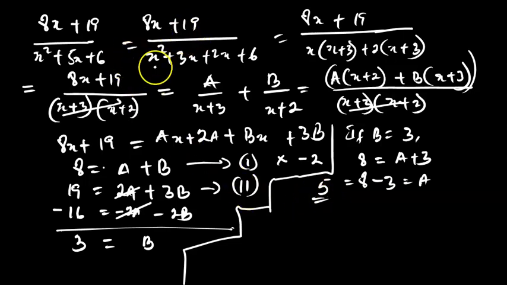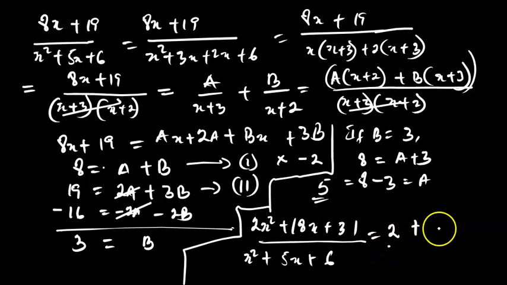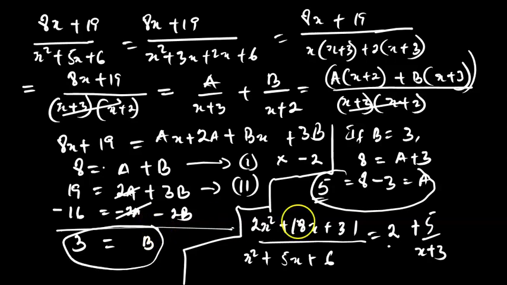So I can write the whole of my expression: 2x squared plus 18x plus 31 over x squared plus 5x plus 6 is the same thing as 2 plus, don't forget we got 2 after division, 5 over x plus 3, since A is equal to 5, plus 3 over x plus 2, since B is equal to 3.